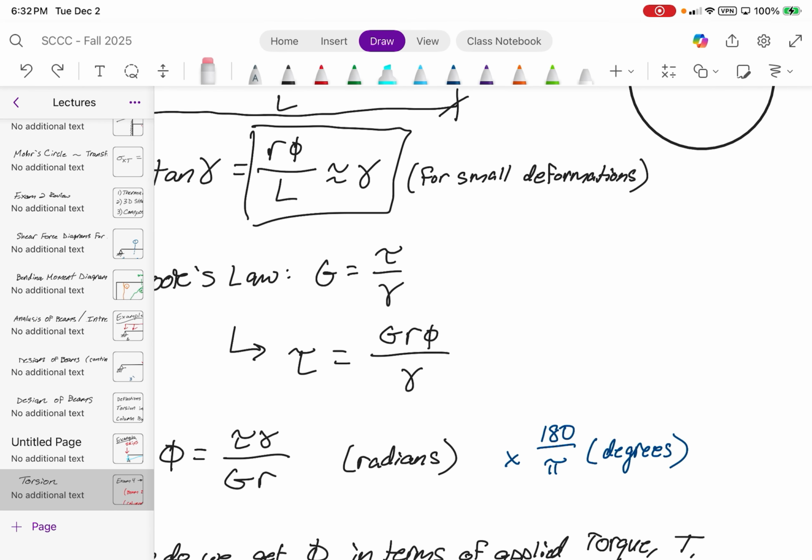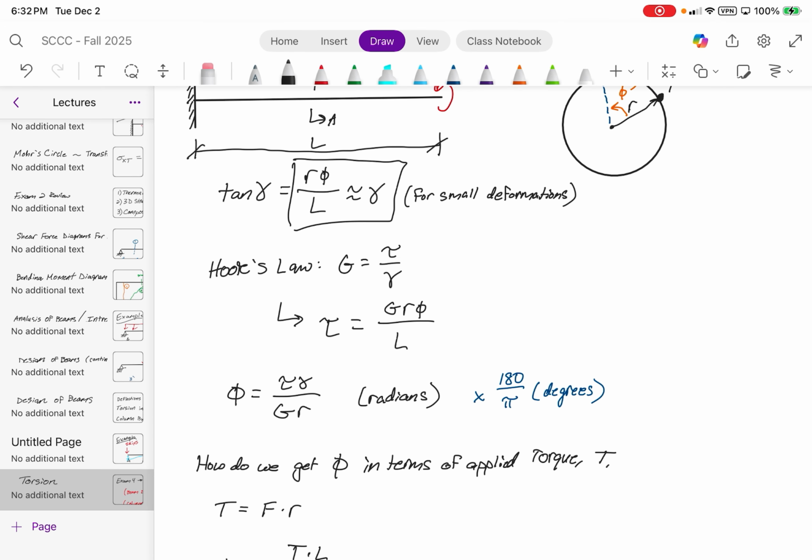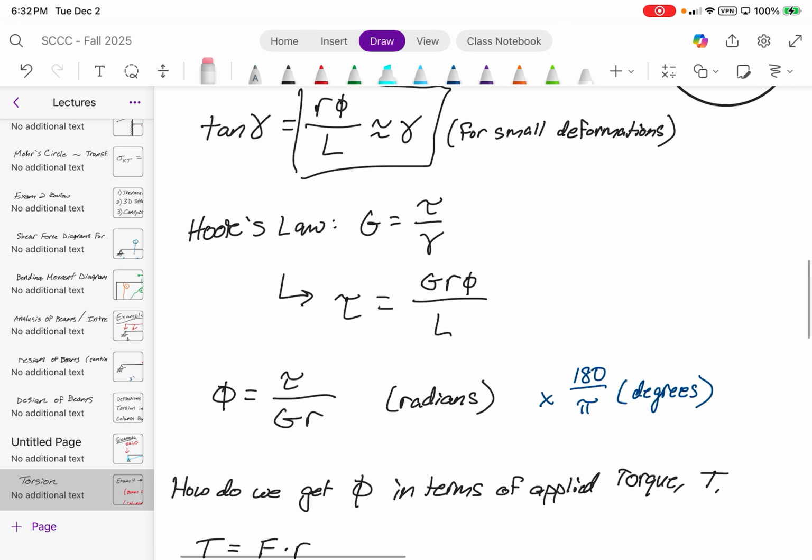So this should be L, which would make much more sense as to how I got certain terms. That in turn changes this to L, which is how the L is on the numerator. I was wondering where I went wrong with that. So this should be L also. That is a very good catch.